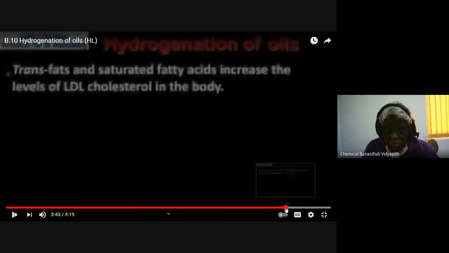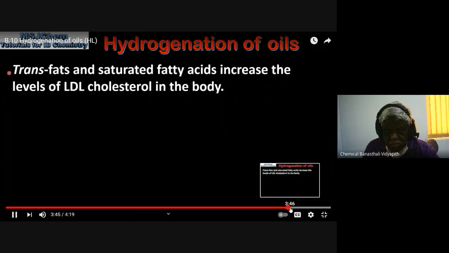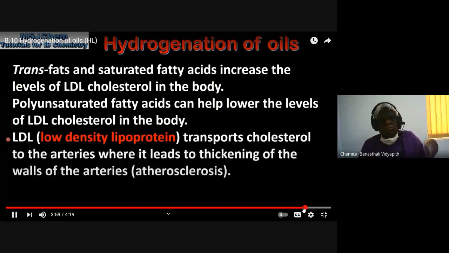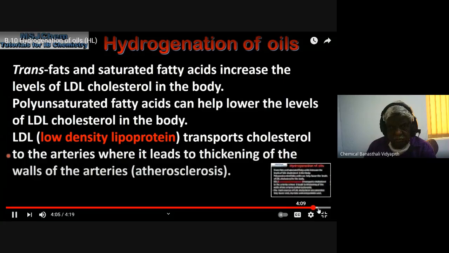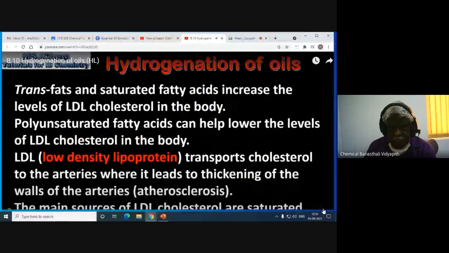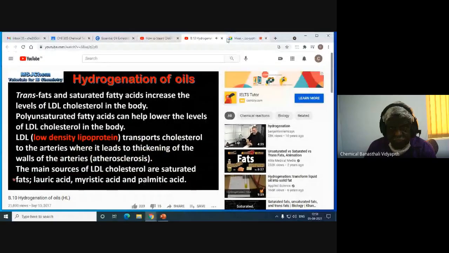Trans fats and saturated fatty acids increase the levels of LDL cholesterol in the body. LDL, which is low-density lipoprotein, transports cholesterol to the arteries, where it leads to thickening. Sources of LDL cholesterol are saturated fats, such as lauric.